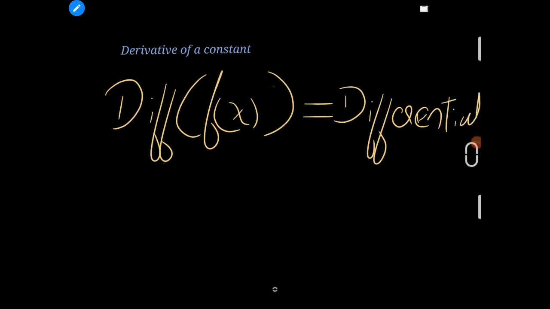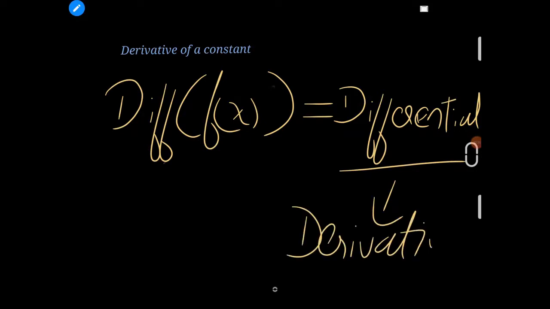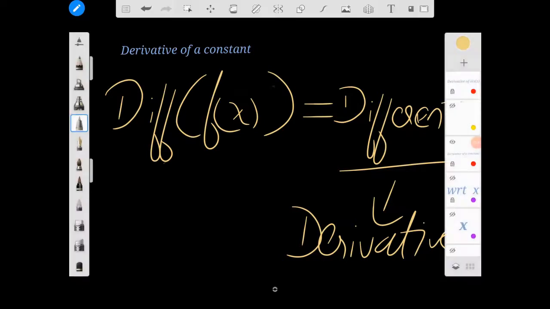Differential is the same thing as derivative. So differential is what you get when you differentiate a function. So the answer is called a differential. That is why the question is always to find the differential of a function, or the question will say differentiate a function. So I think you get the idea what it is.